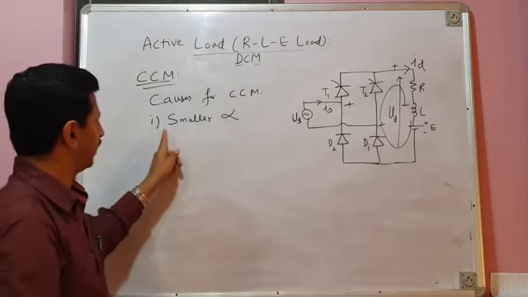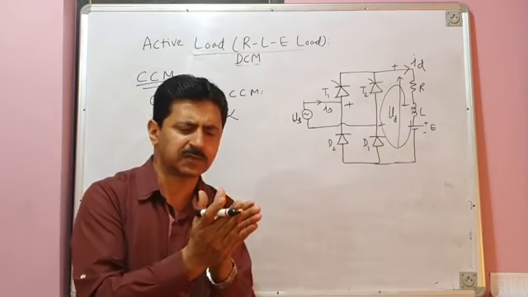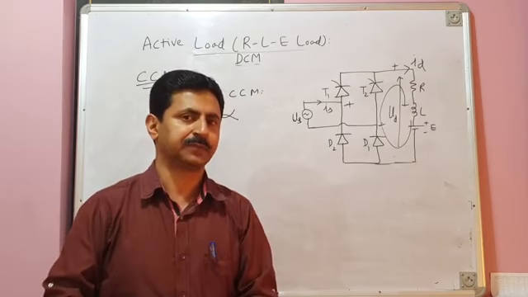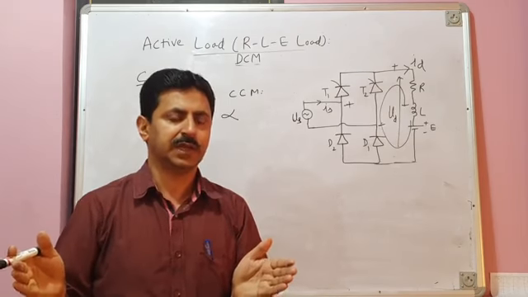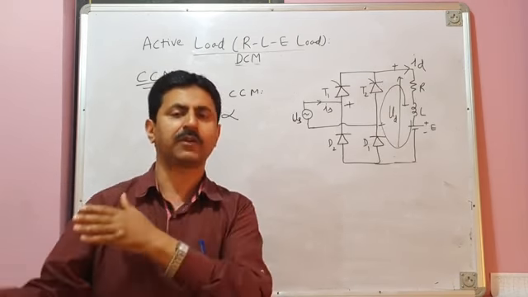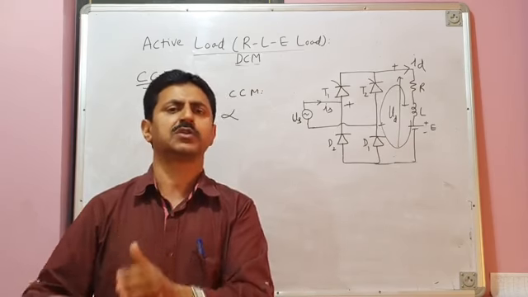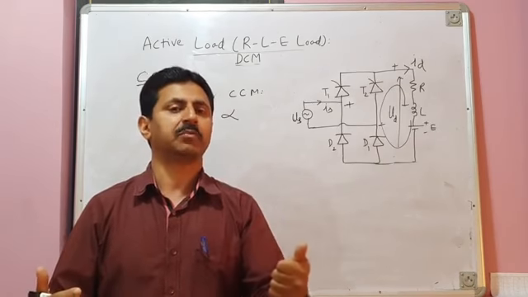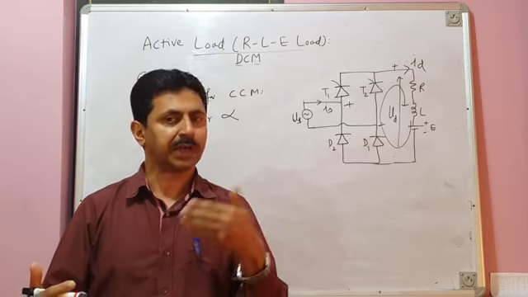So small alpha can make your current continuous.